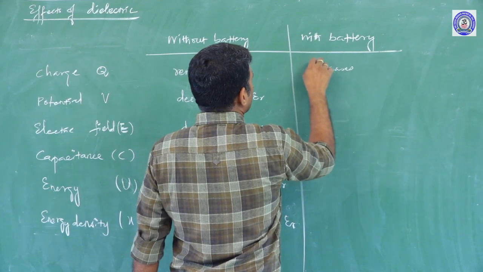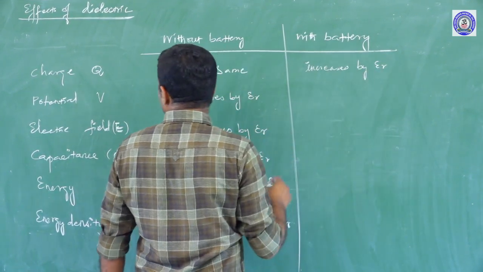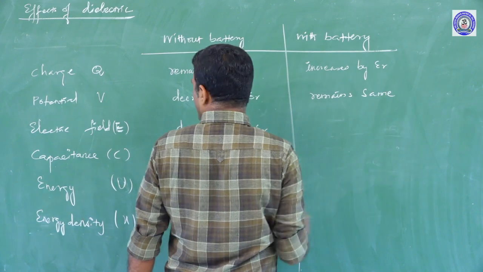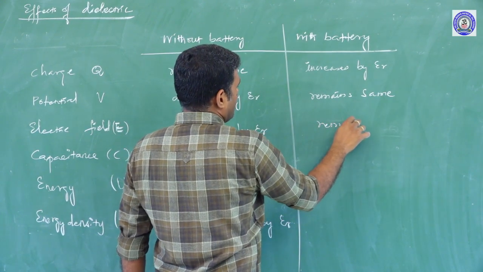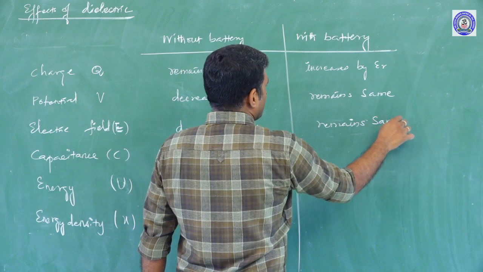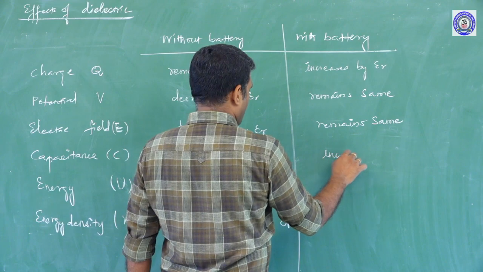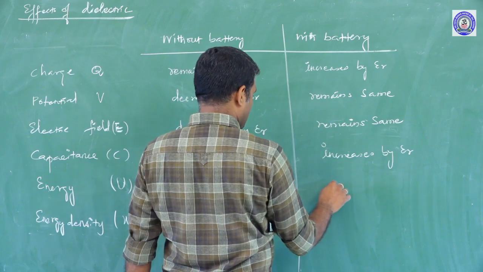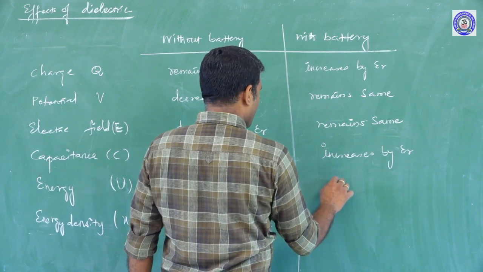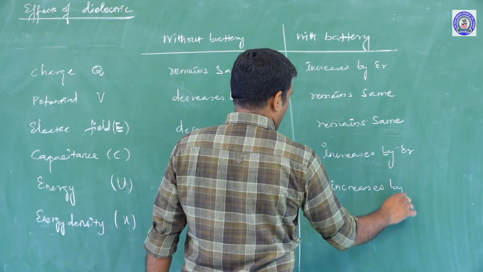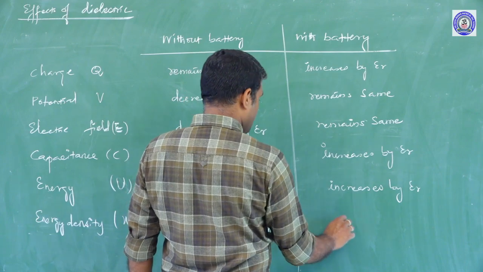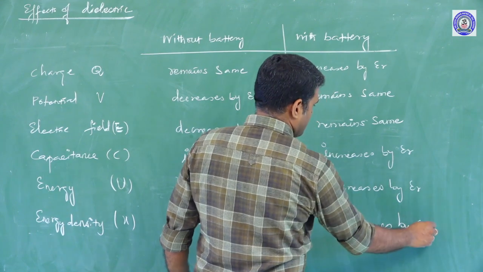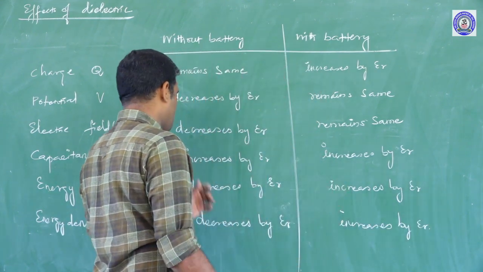Charge increases by epsilon r times, potential remains the same, electric field remains the same, capacitance increases by epsilon r times, energy increases by epsilon r times, and energy density also increases by epsilon r times. So this is the conclusion.